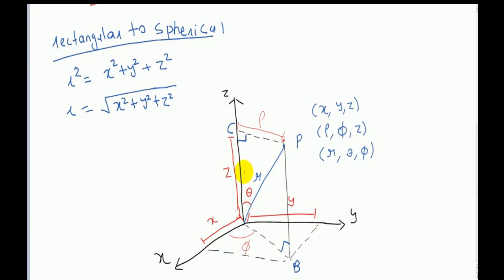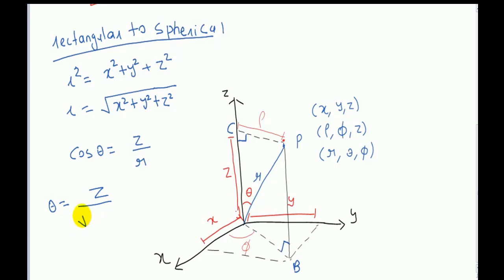We will use this Z equals R cos theta to find theta, and cos theta will be nothing but Z divided by R. It is a trigonometric property that cos theta is equal to base upon hypotenuse, and here base is Z and hypotenuse is R, and R we have already related in terms of x, y, z. So we can write theta in terms of x, y and z.